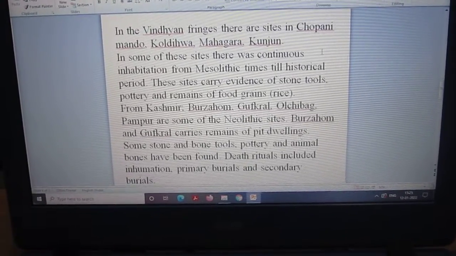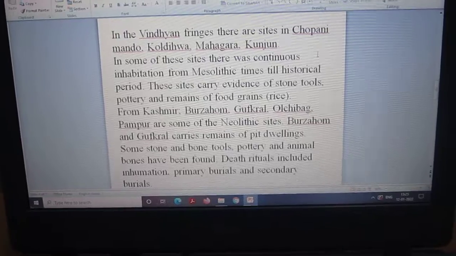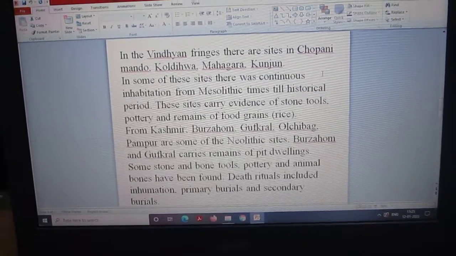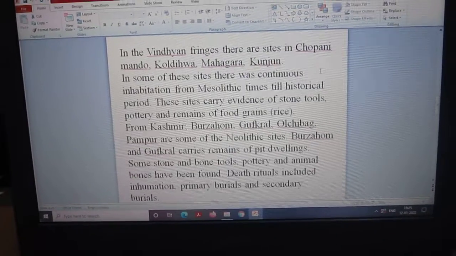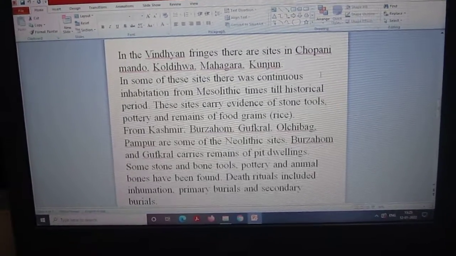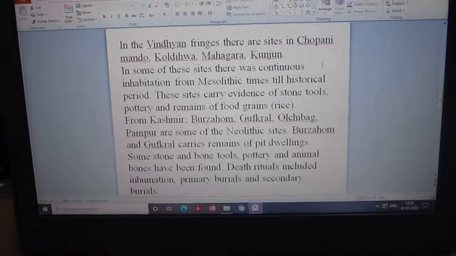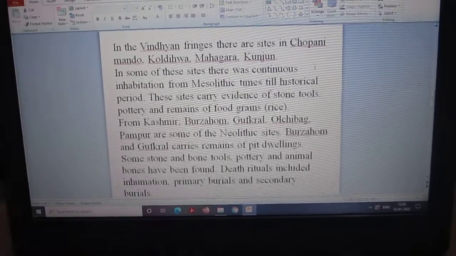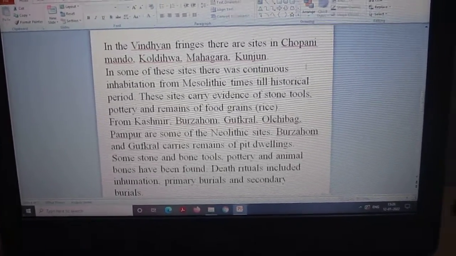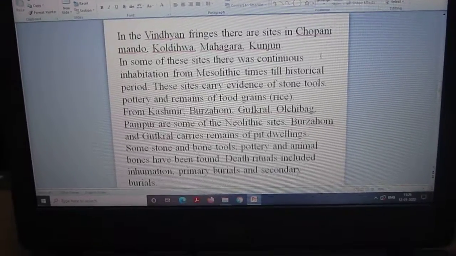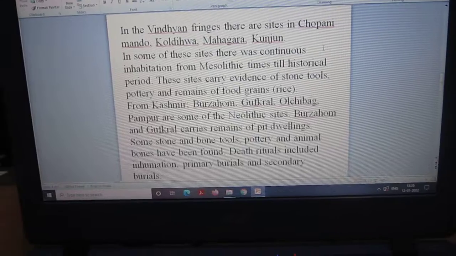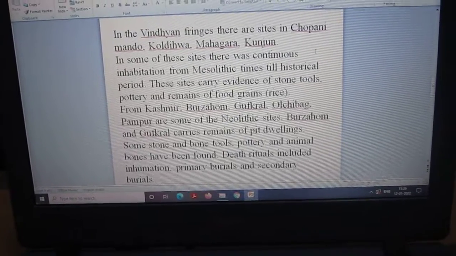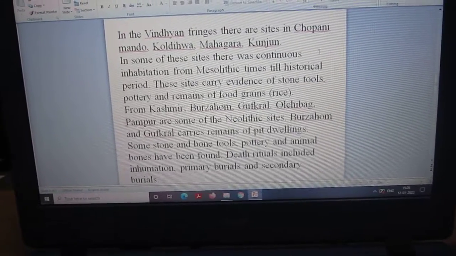The earliest or oldest sites are available from Balochistan, and the sites from the Vindhyachal range are not contemporary, they are more recent. In the Vindhyachal range, we find some sites such as Chopani Mando, Koldihwa, Mahagara, Kunjun. In some of these sites, there was continuous inhabitation from Mesolithic times till the historical period. These sites carry evidence of stone tools, pottery, and remains of food grains such as rice.